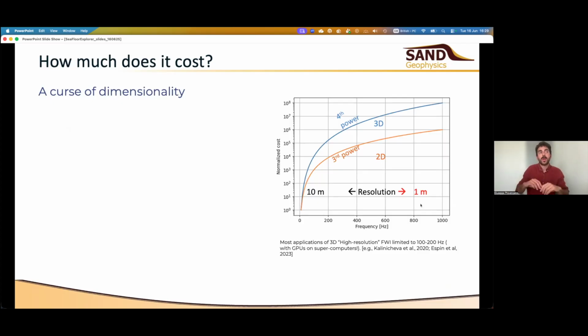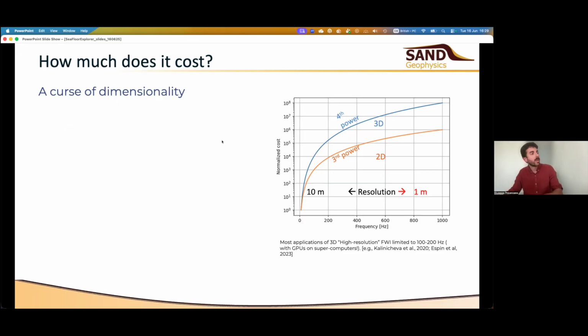Because in 3D you have the three spatial dimensions, but also you have the fourth dimension, time. And if you want to sample properly your wavefield, you need to reduce the grid spacing in space. You also need to do that in time to avoid problems of instability. So that means that your computing cost increases with the fourth power of the frequency.